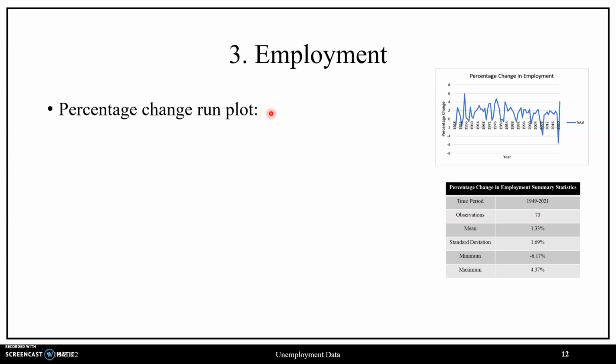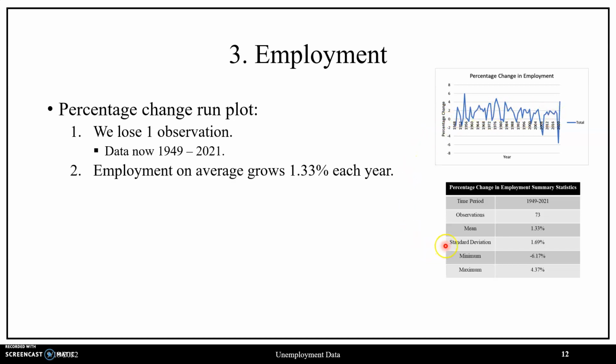Moving on to our percentage change run plot, after transforming the data, we see that we have some oscillations in the percentage change in employment as expected, and we have our summary statistics below, where in terms of the mean value, we see that it's 1.33%, and that on average, the active labor resources in the United States grow at a rate of 1.33% each year, which is what these fluctuations are oscillating about.